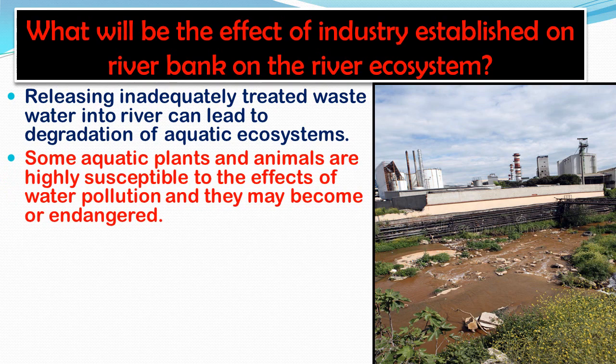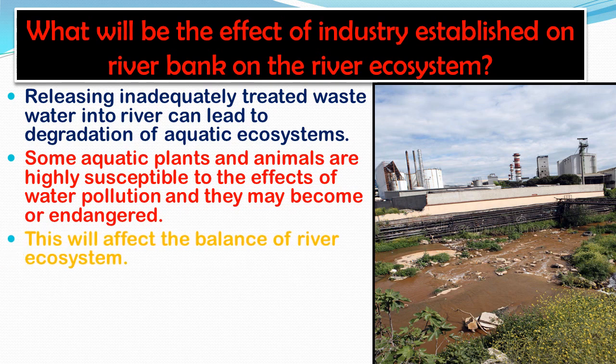Some aquatic plants and animals are highly susceptible to the effects of water pollution, and they may die or become endangered. That means if waste water is poured into the aquatic ecosystem, aquatic plant life and animal life will be in danger. Endangerment means the number of plants and animals in the ecosystem will decline, and this will affect the balance of the river ecosystem.